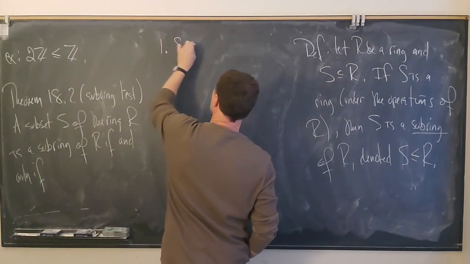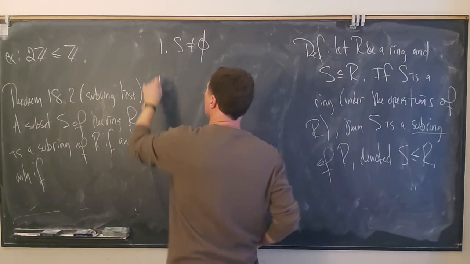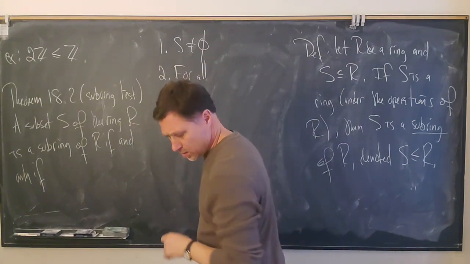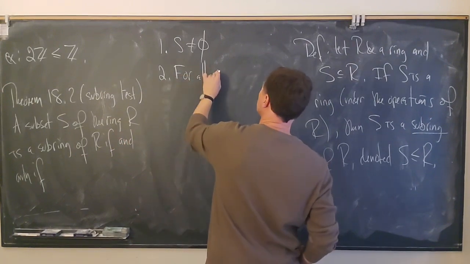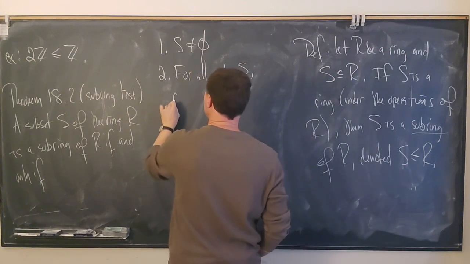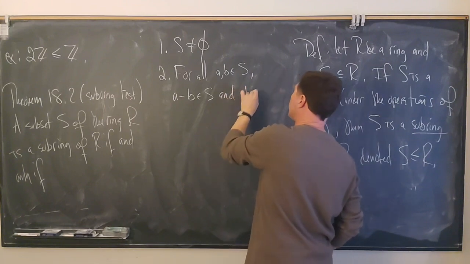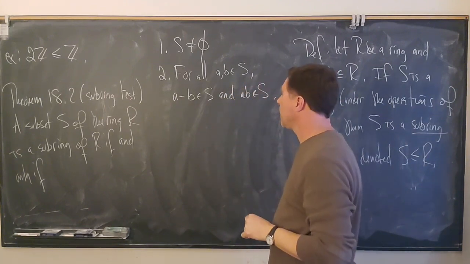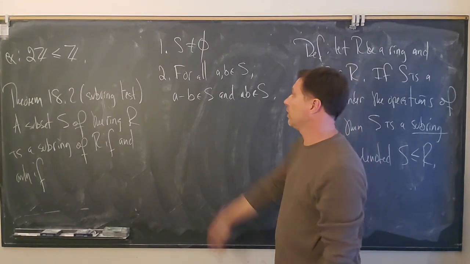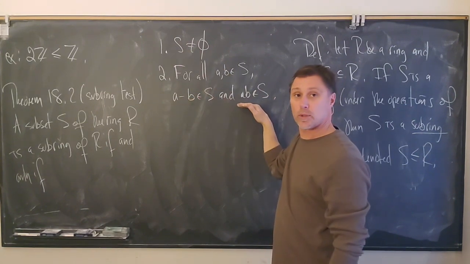First, S needs to be non-empty. And second, for all A and B in S, A minus B is an element of S, and A times B is an element of S. In other words, a subset is a subring if and only if it's non-empty, closed under subtraction, and closed under multiplication.